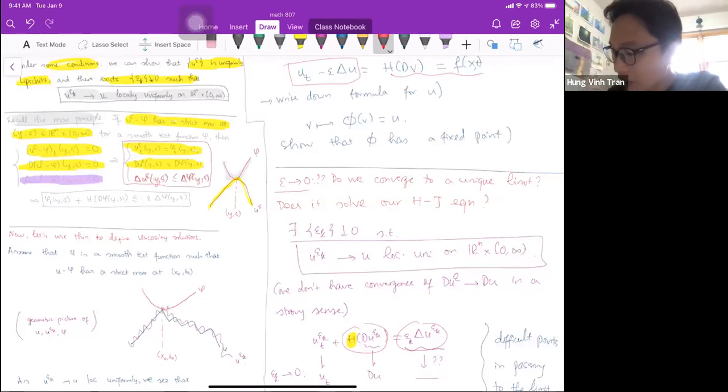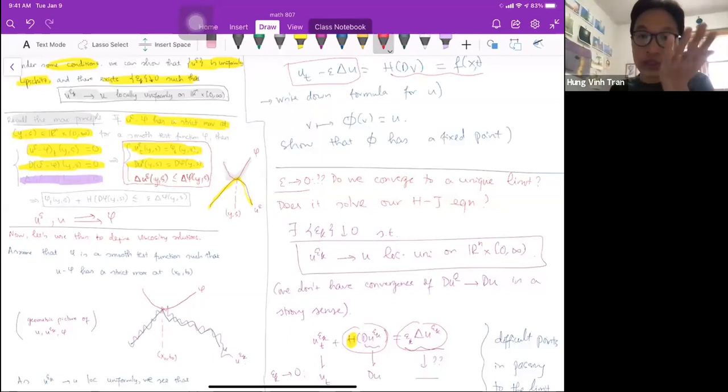The trick is that u epsilon is smooth, but u is not, right? However, if I successfully transfer all the derivatives to phi, then I'm good, because I have been able to switch all the dangerous things about differentiating to a test function phi.